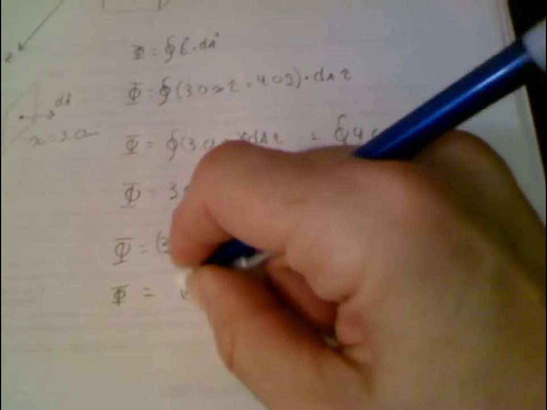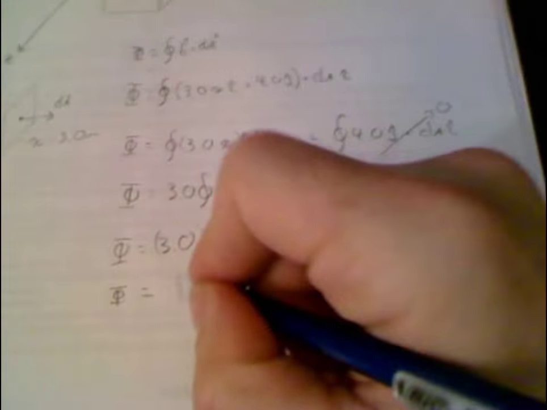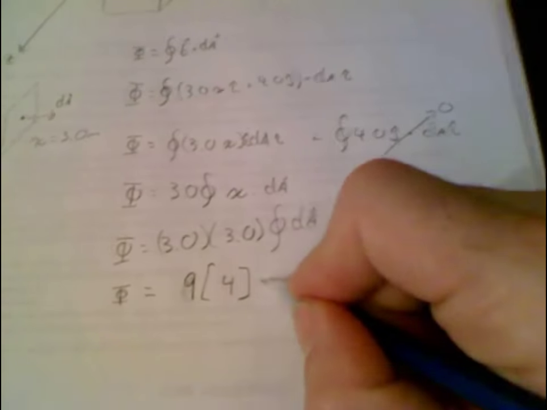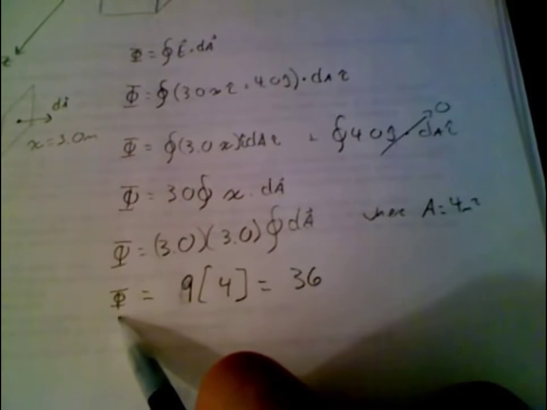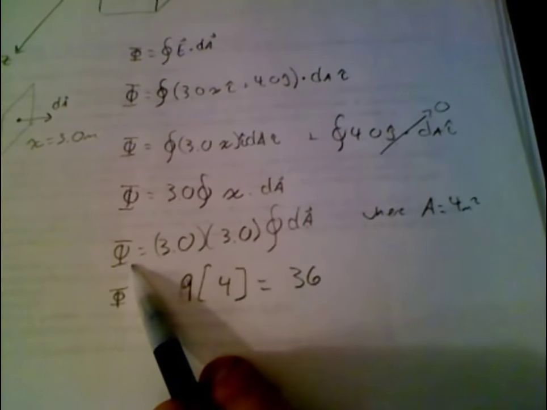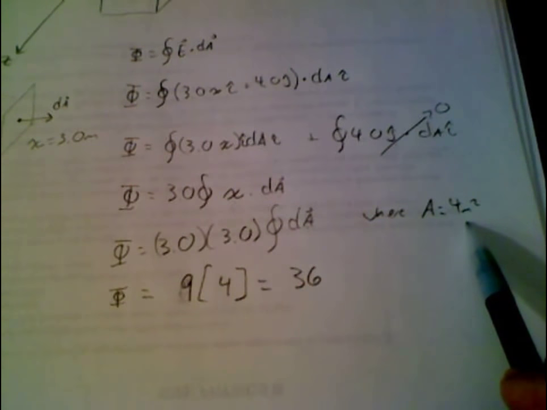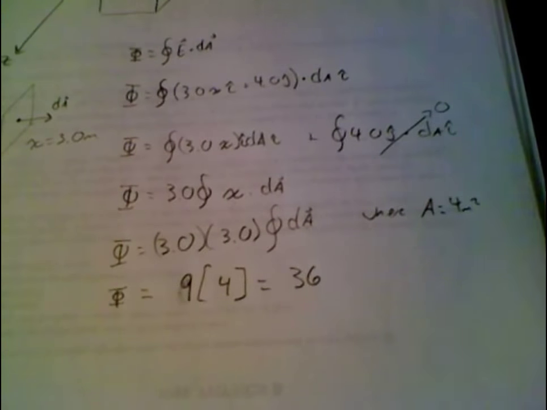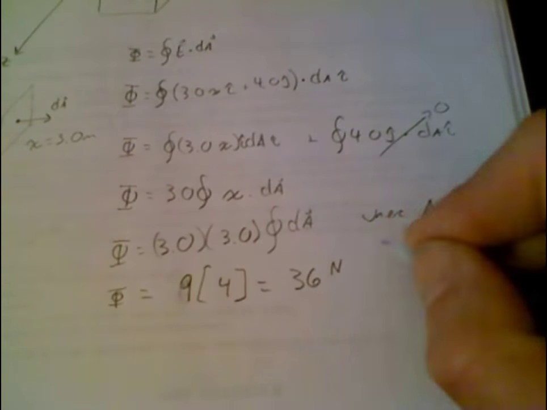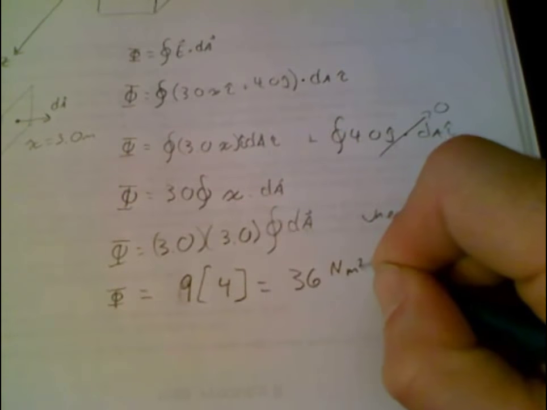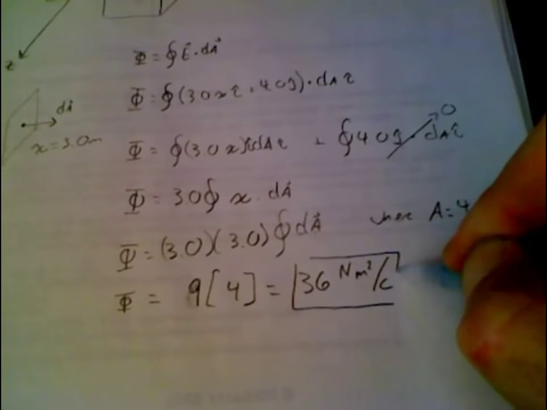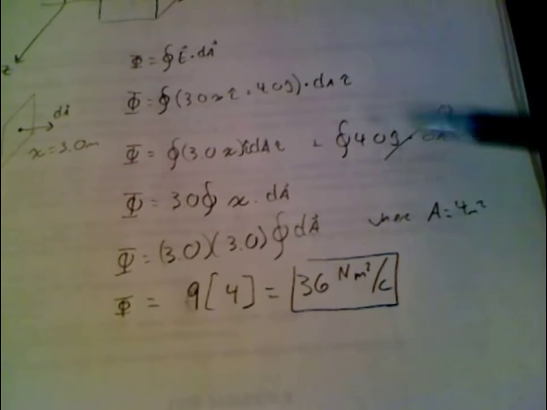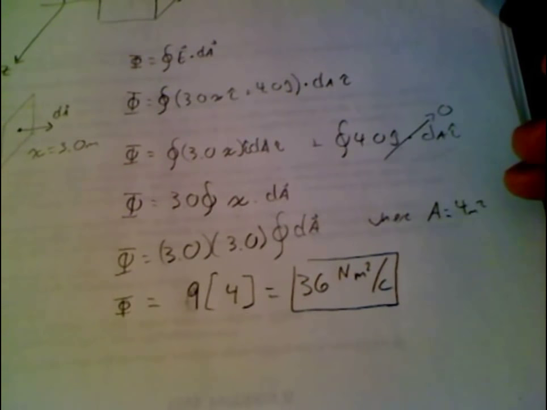Wait, 3 times 3 is not 6. 3 times 3 is 9, so the flux is equal to 36. For units, I have meters squared times newtons per coulomb, so newton meter squared per coulomb. That is the flux going through the right face of this cube.